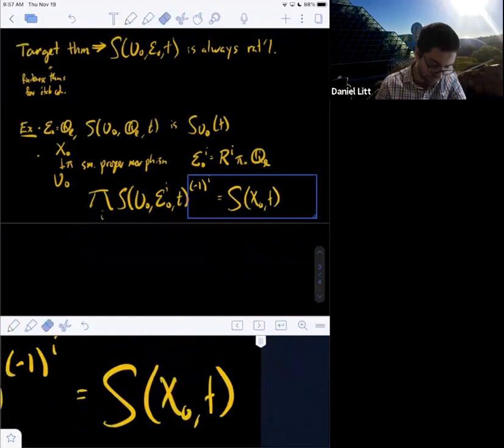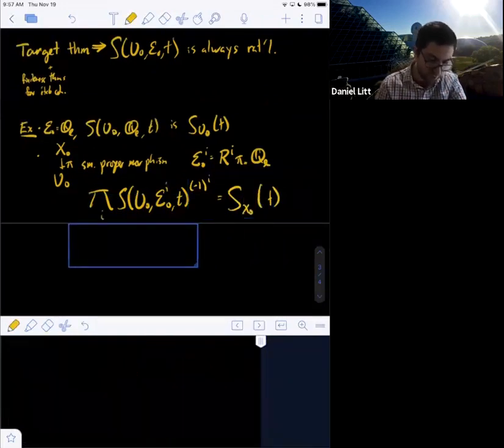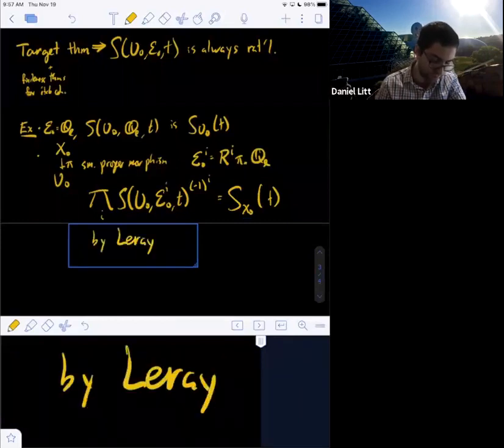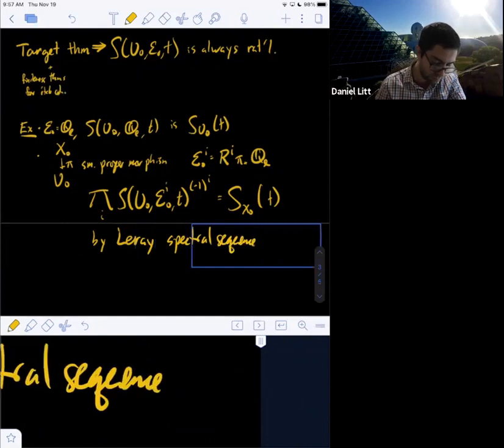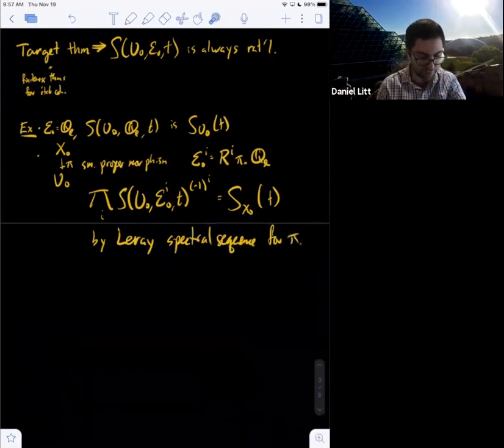Sorry, I'm mixing my notation up here. This just follows by the Leray spectral sequence for pi. So this isn't totally obvious. The content here is that there's a spectral sequence computing the cohomology of X_0 in terms of the cohomology of these sheaves.